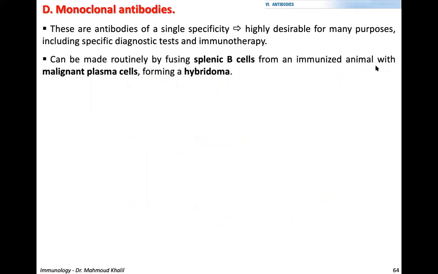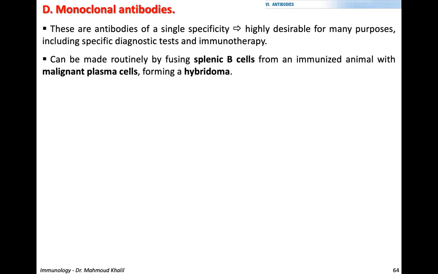These types of antibodies can be made routinely by fusing splenic B cells, the B cells isolated from the spleen of an immunized animal, with a malignant plasma cell, forming what is called a hybridoma. So you take advantage of a malignant plasma cell, which continuously secretes antibodies, and you fuse it with the splenic B cells.